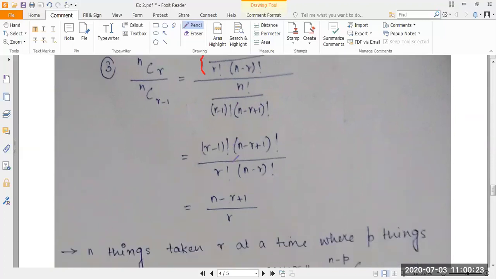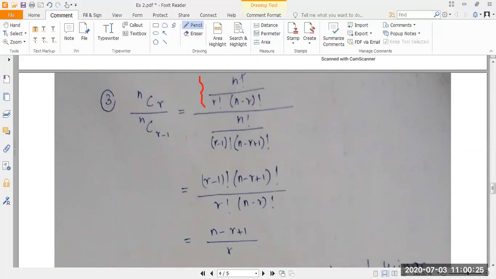Naturally, the n factorial on both the numerator and denominator gets cancelled, and the denominator goes up as numerator. What we have is (r-1) factorial into (n-r+1) factorial in the numerator, and in the denominator we have r factorial into (n-r) factorial.